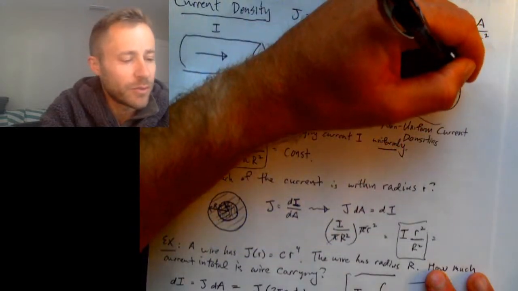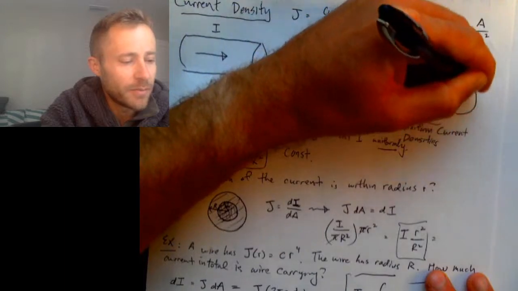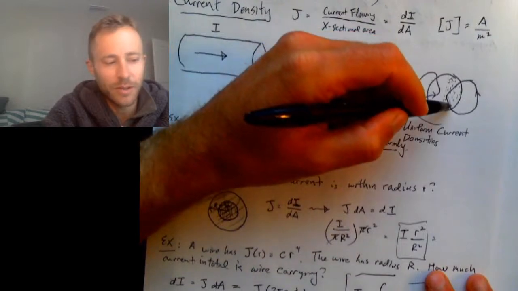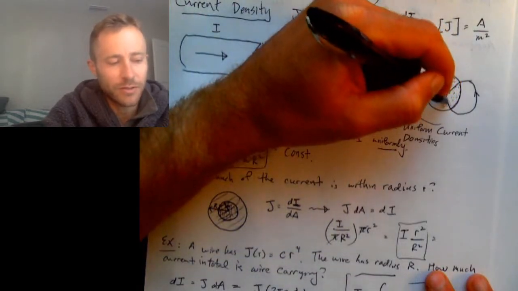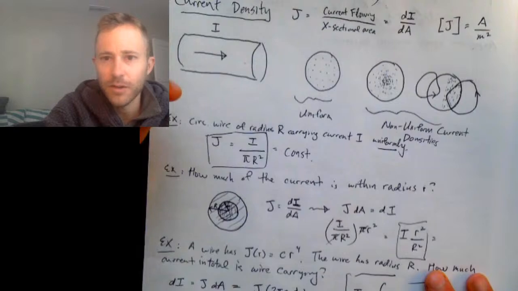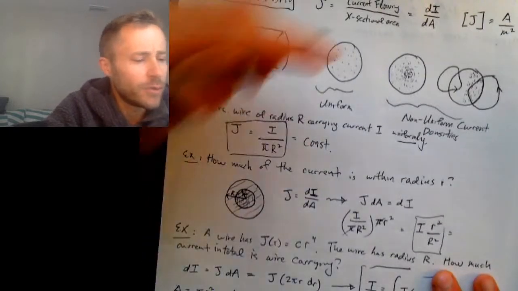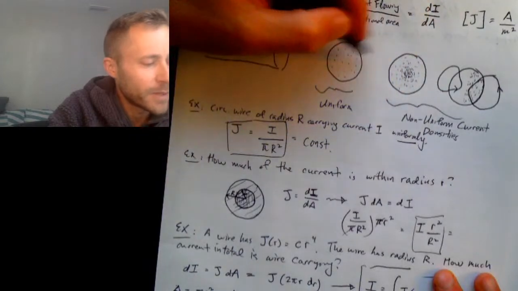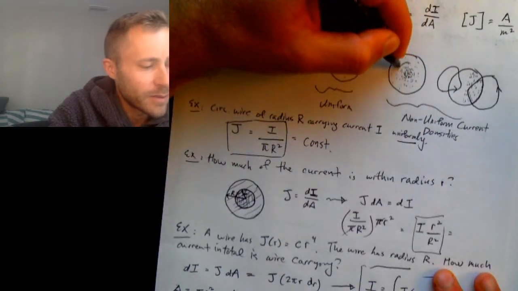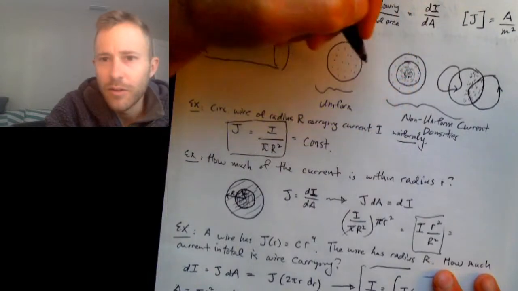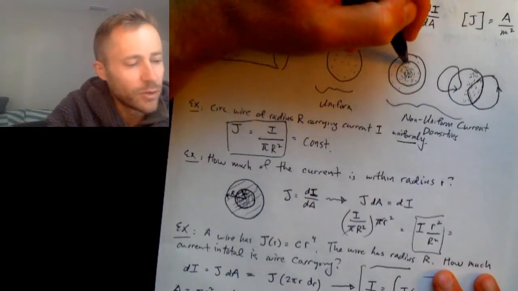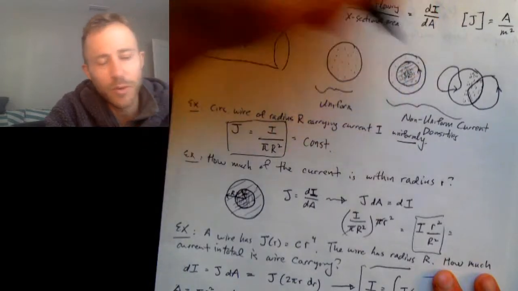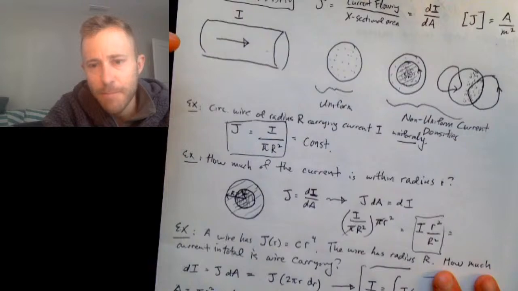If this was my Amperian loop, that Amperian loop is enclosing current because from this section of the wire. All right. If you had an Amperian loop that was like this, then it's enclosing most of the current because most of the current is flowing through the center, right?